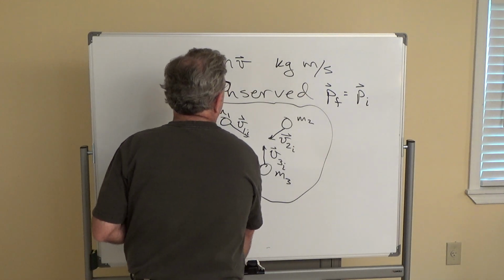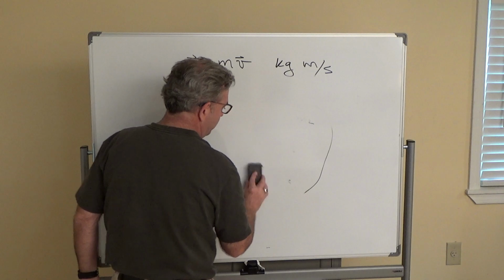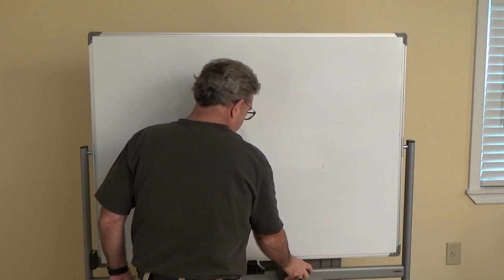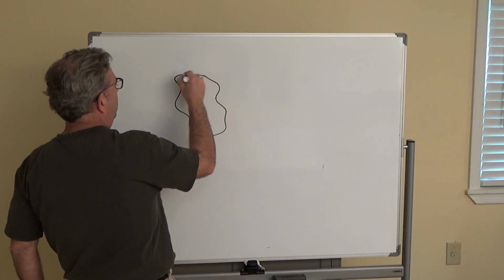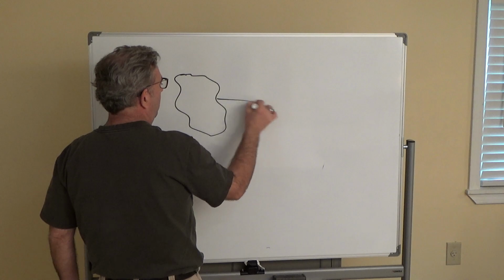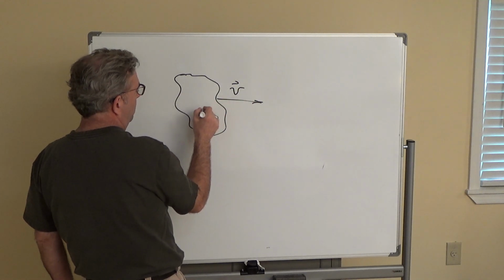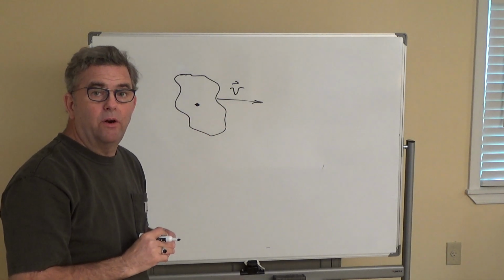All right. Let me show you another cute little thing since we talked about center of mass. Let's say you have an object, okay, and it's moving along at some velocity v, and let's say the center of mass of the object is about here.